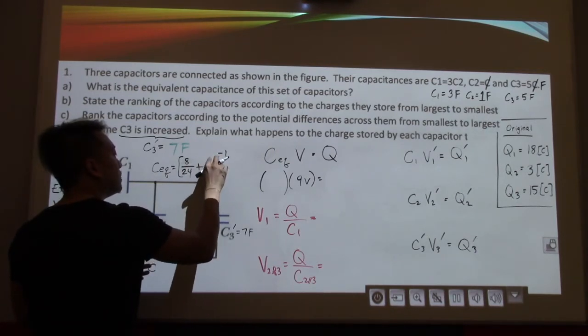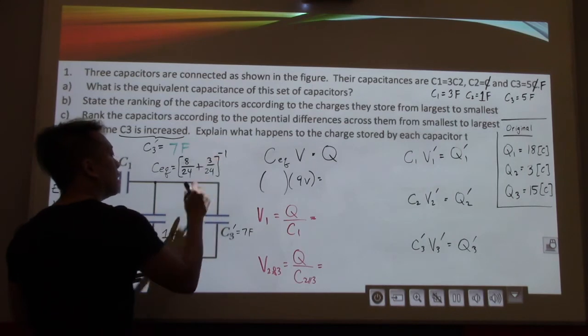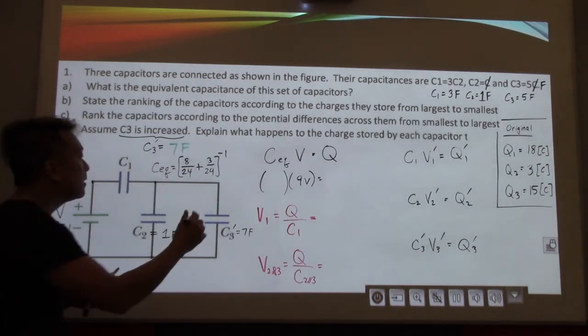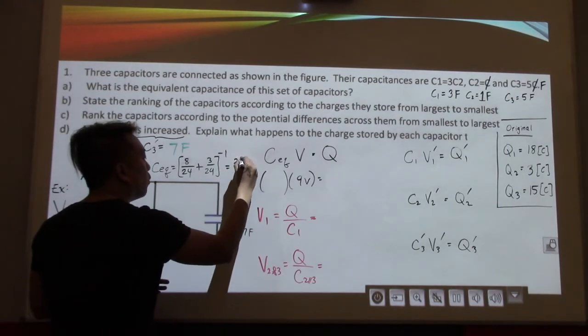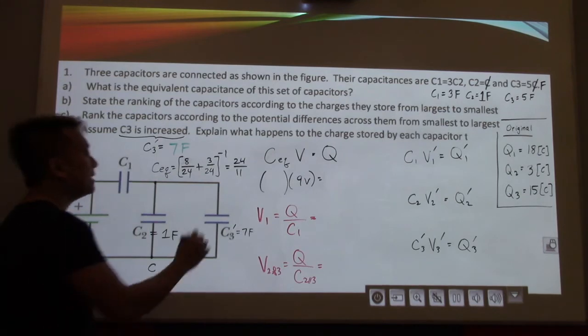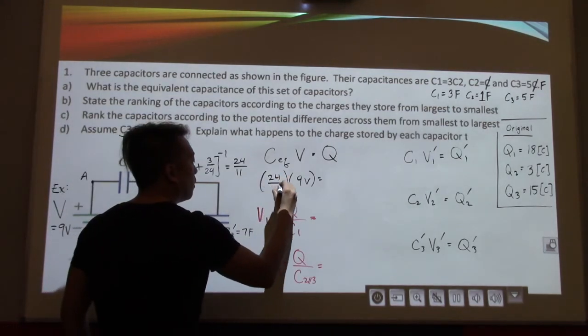This is 24, this is 3. So that's 11 over 24. But I have to reverse that. So C equivalent is 24 over 11. Okay, got that?